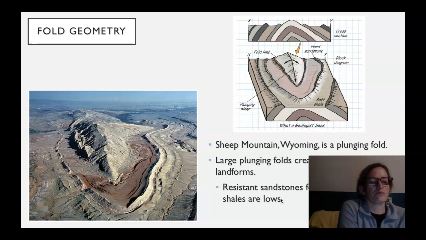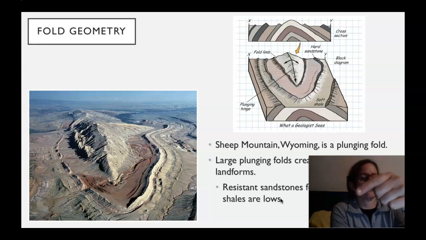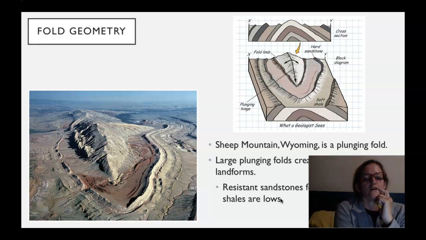Some folds plunge. What we've seen just now are folds that make arches with hinges that are parallel to the Earth's surface. If that hinge is not parallel and it dives down into the Earth, then it can make really unique shapes on the Earth's surface. So here's a plunging fold.